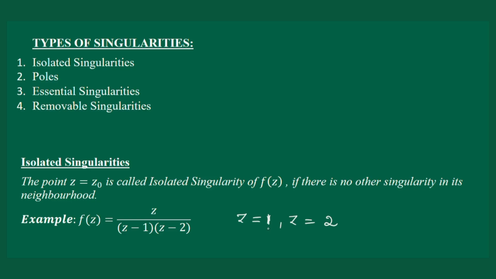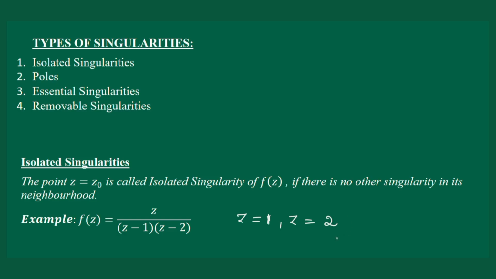At those points the function will be analytic, which means that this is the one and only singular point in that neighborhood. Similarly, z equal to 2 is a singular point.